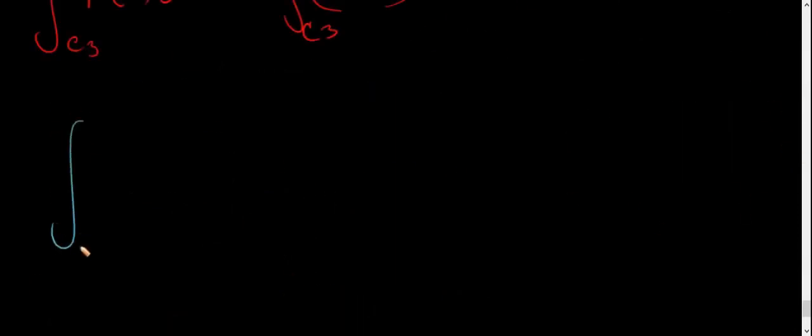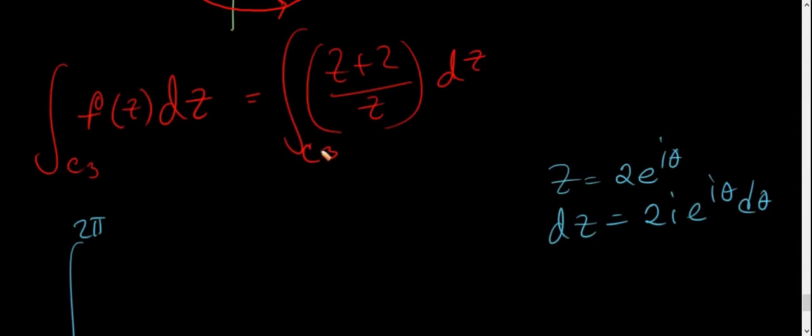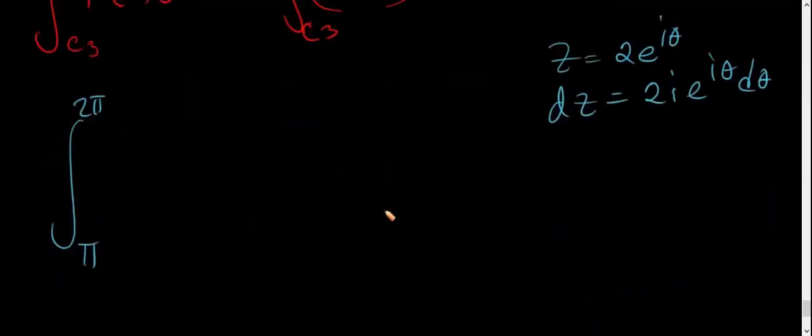So first let's write down the limits, that is from pi to 2 pi, and I'm going to use the parameterization that we saw just now. z equals 2 e to the power i theta, so dz will be 2i e to the power i theta d theta. Let's write this instead of z plus 2 divided by z.